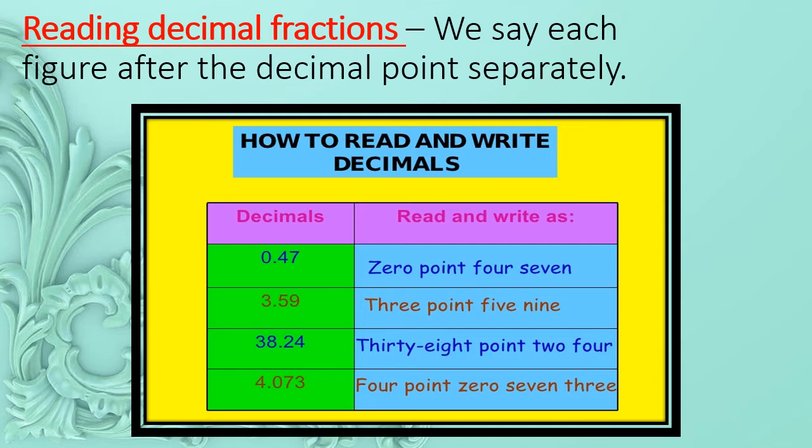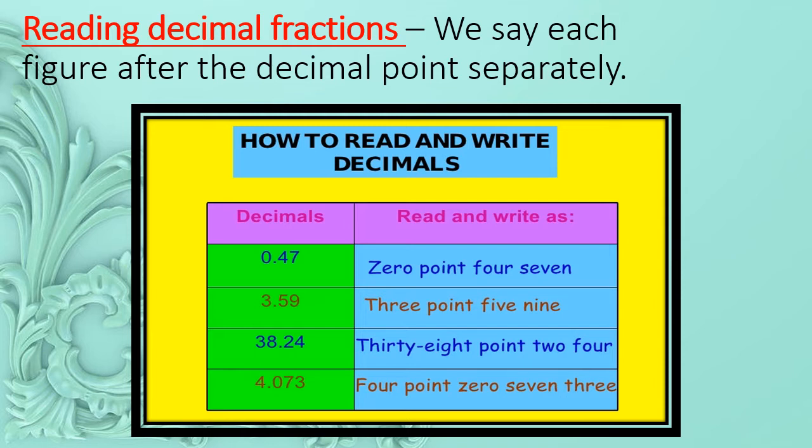In the second number the whole figure is 3, then again on the right side we will say this separately, 3.59. And the same with 38.24. Students, the whole part will be said together and the part on the right side of the decimal point will be said separately.